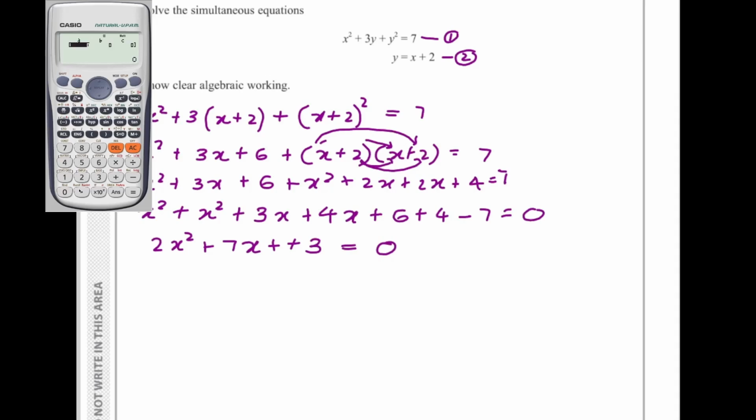The calculator is giving the answers like this: x equals minus half and x equals minus 3.